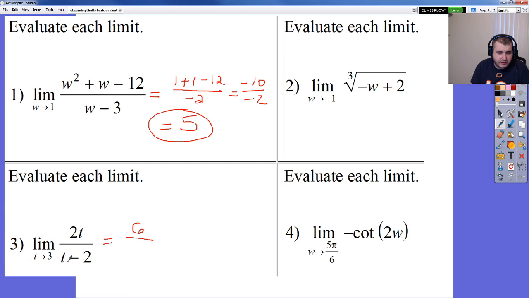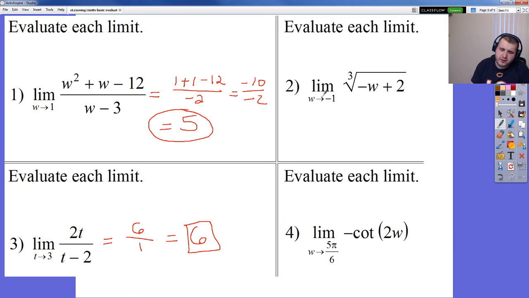T is 3, t minus 2, 3 minus 2 is 1. So safely, we found out that as t creeps closer to 3, the limit of this function, as t approaches 3, the whole function approaches 6.